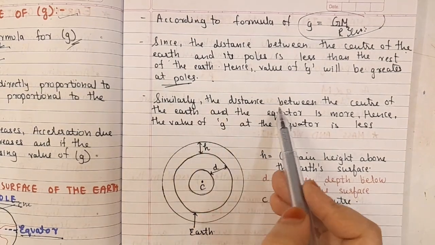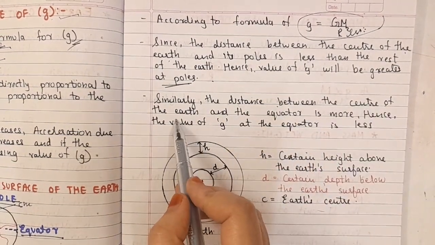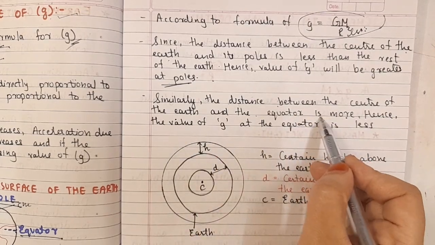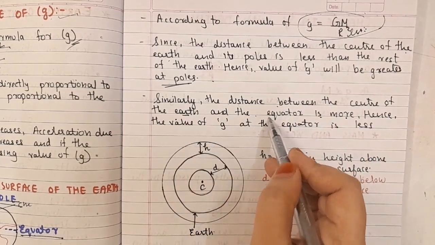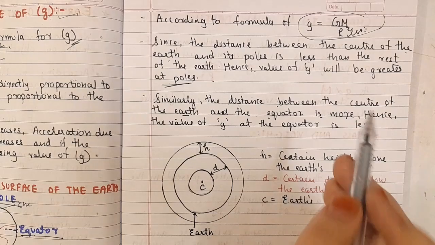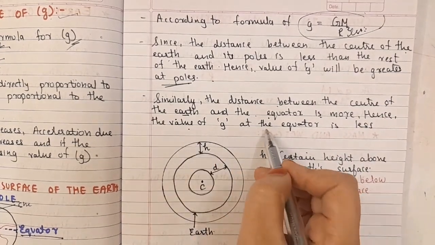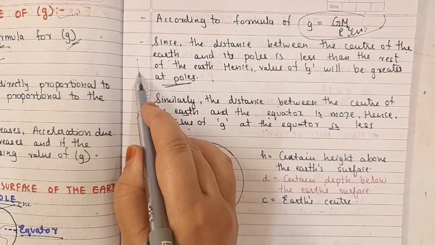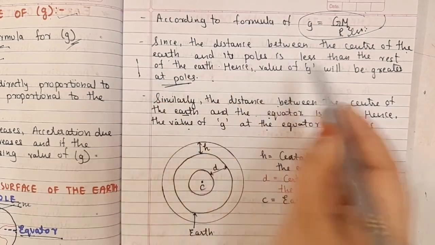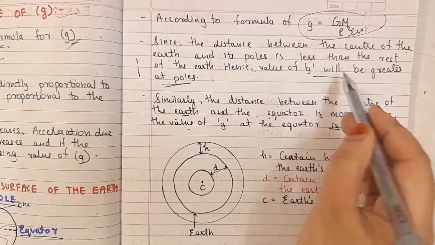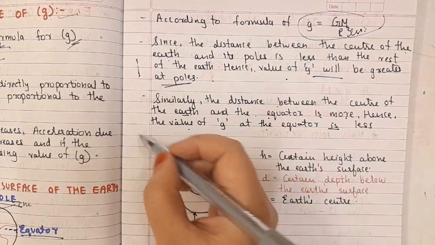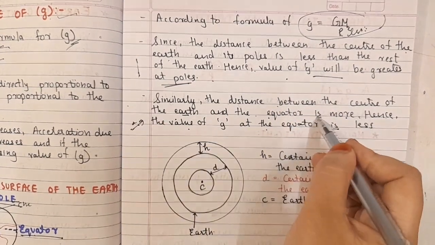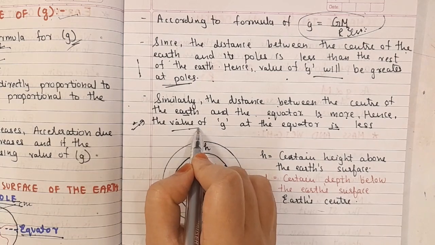Similarly, the distance between the center of the earth and the equator is more, and as the distance is larger, the value of g at the equator is less. So with less distance, g will be greater at the poles, and at the equator, a larger distance is there, so the value of g will be lesser over there.